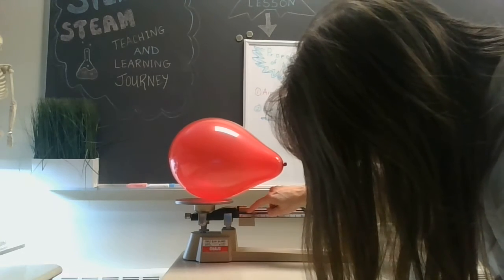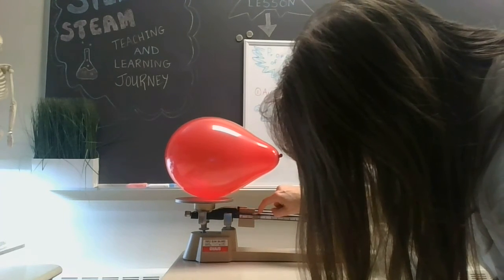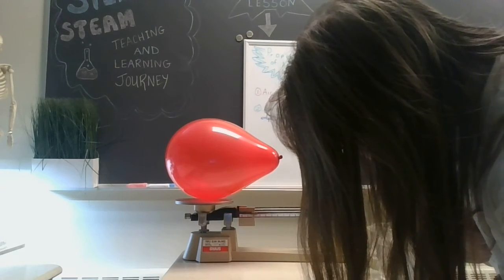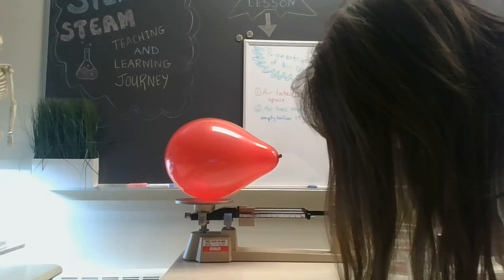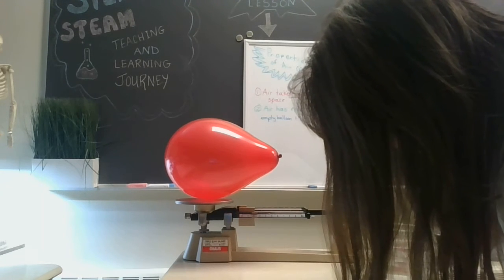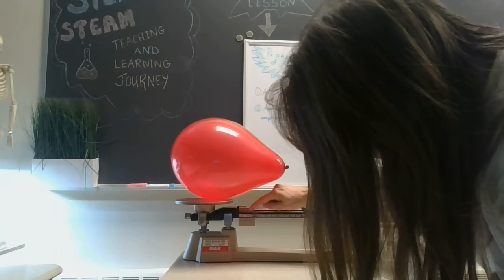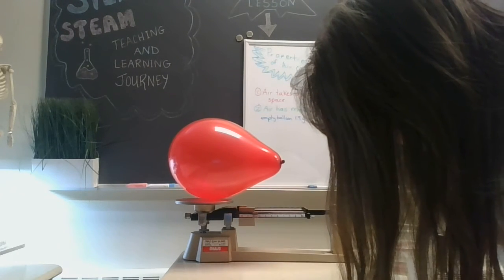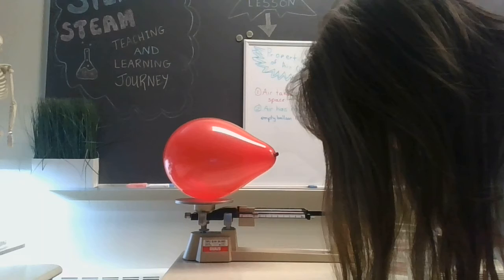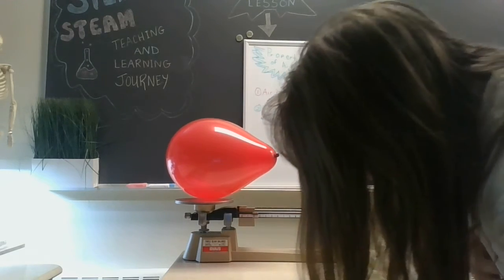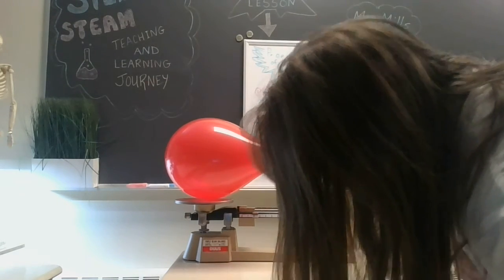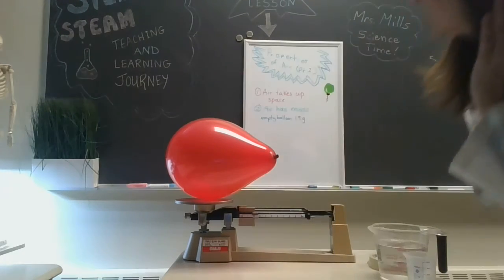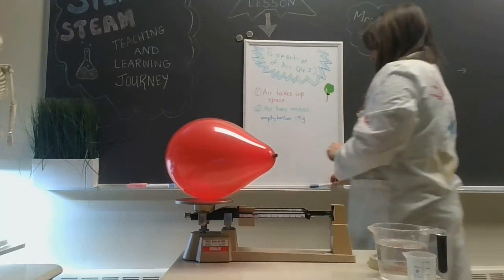Okay, a little bit more. Not quite that much, I don't think. We'll just wait and see if it balances. And we're closer now, and we have it. So the balloon filled with air weighs 2.2 grams.